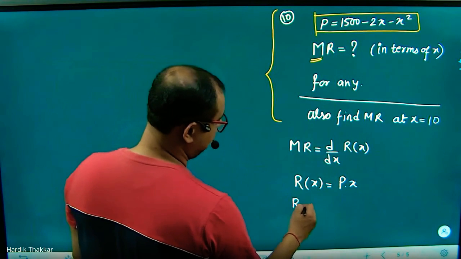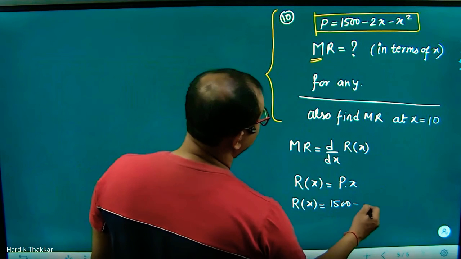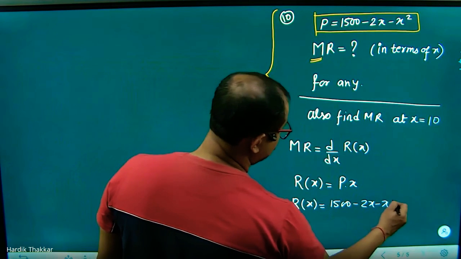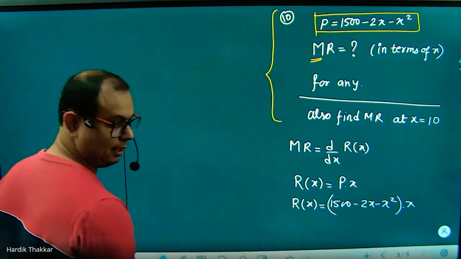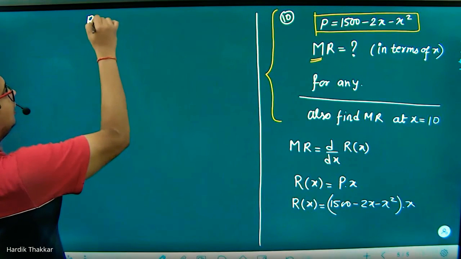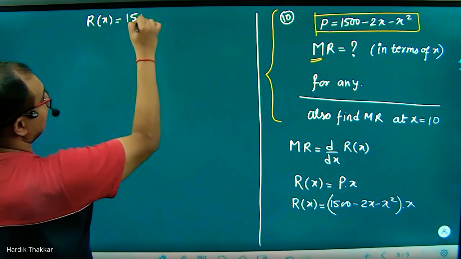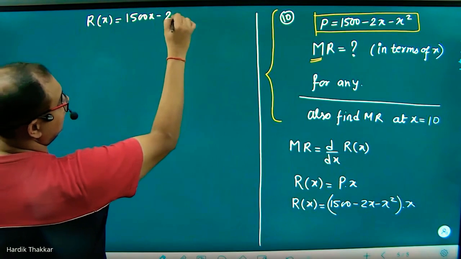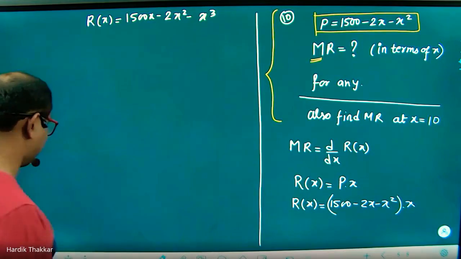So R of x is equal to the value of P, 1500 minus 2x minus x square, into x. So R of x is equal to 1500x minus 2x square minus x cube. So this will be the revenue function.